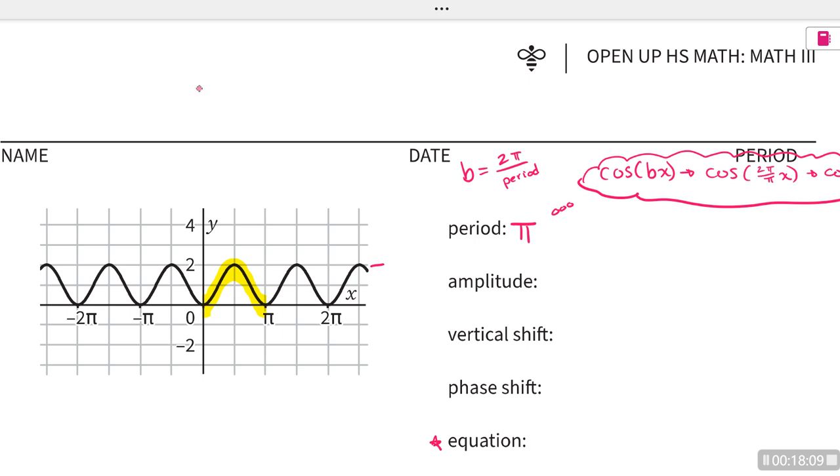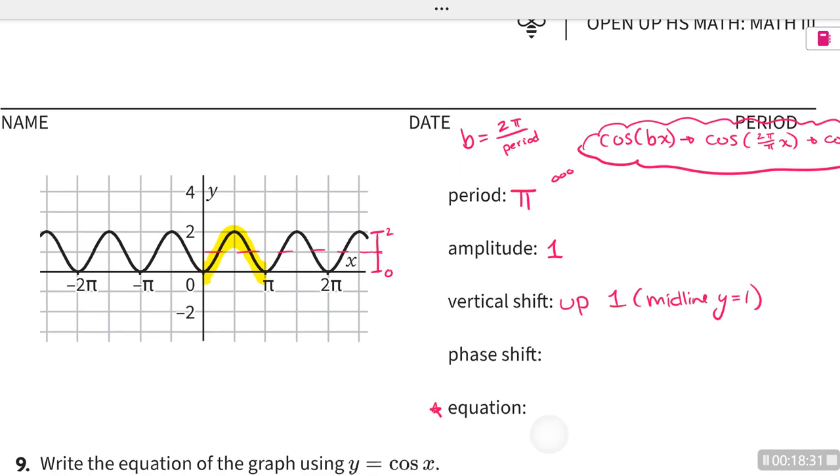Okay, so amplitude. Well, our minimum is at 0 and our high point is at 2, so the amplitude is 1. In our vertical shift, since that puts our midline at y equals 1, we're up 1. So midline is y equals 1.